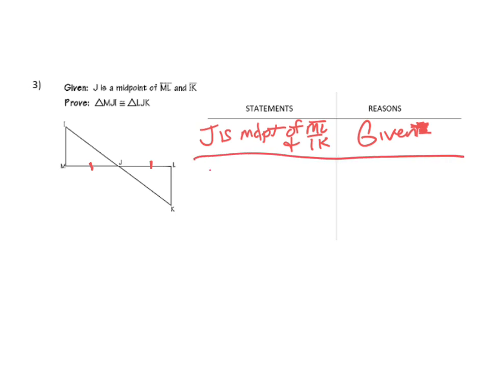Let's write it. MJ is congruent to JL. And why do we know those are congruent? Well, because it's a midpoint. Remember, that's a definition. So that's going to be definition of midpoint.